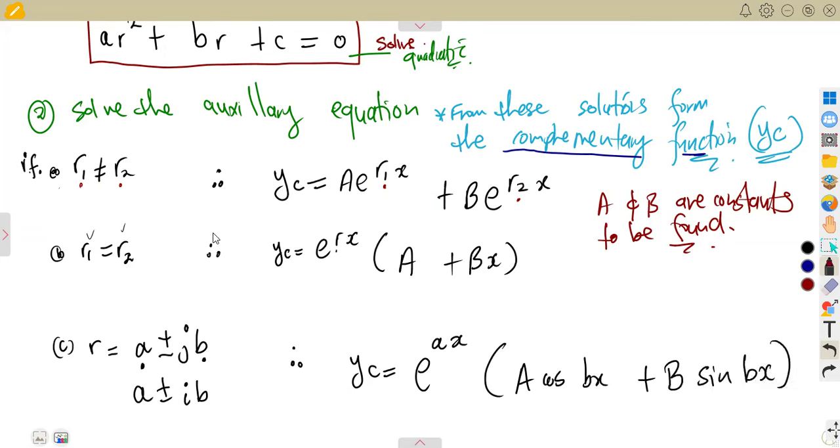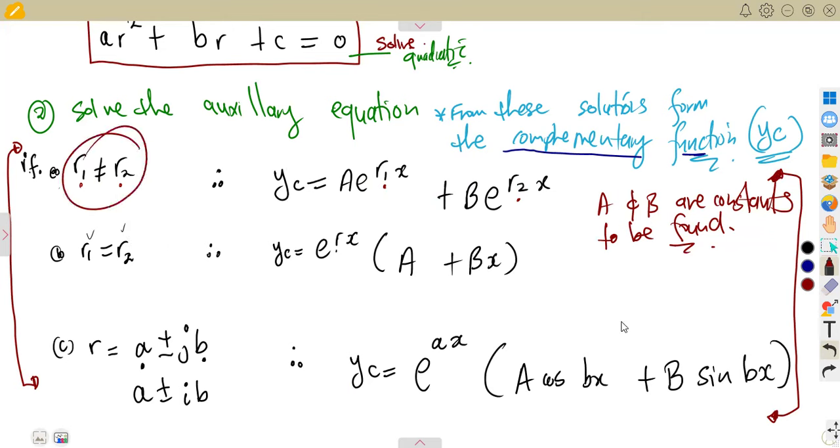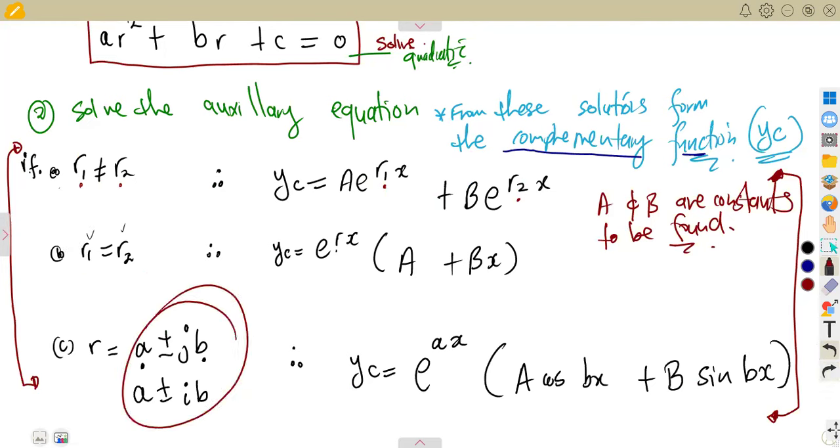Like I said, we are not supposed to worry about this part. This is the part that we have from our formula sheet. We are given this part. All you need is to solve your equations, then figure out: are they not the same? Are they the same? Are they complex solutions?